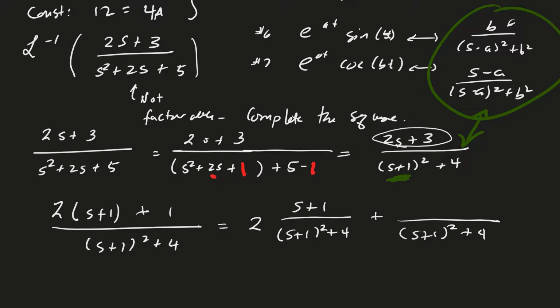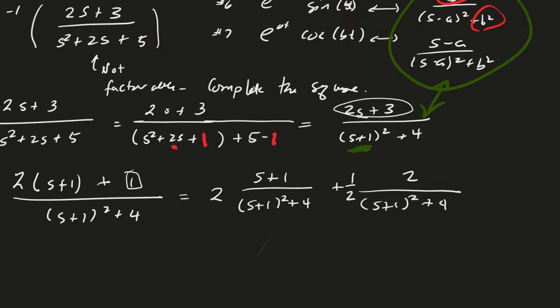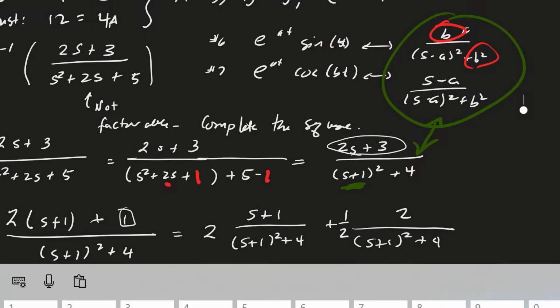I need this b here, and so I need a 2 to appear in the numerator, but I only have 1. So what I'll do is I'll put a 2 there and multiply by a half. So now I'm ready to do the inversion using these table entries right here.